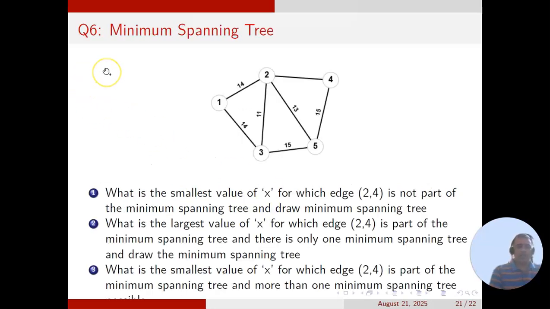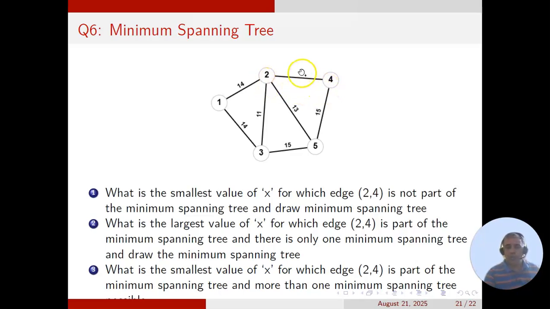And the last question is on finding the minimum spanning tree. Either you can use Prim's or Kruskal's algorithm. Here the cost of edge 2, 4 is given as x. Now the question is, what is the smallest value of x for which the edge is not a part of the minimum spanning tree? If you observe, node 4 has only 2 edges, 2 to 4 and 5 to 4.